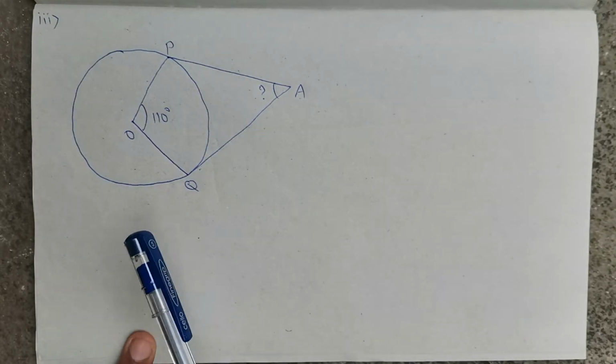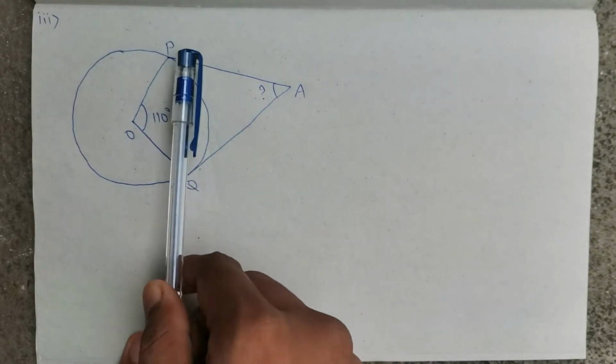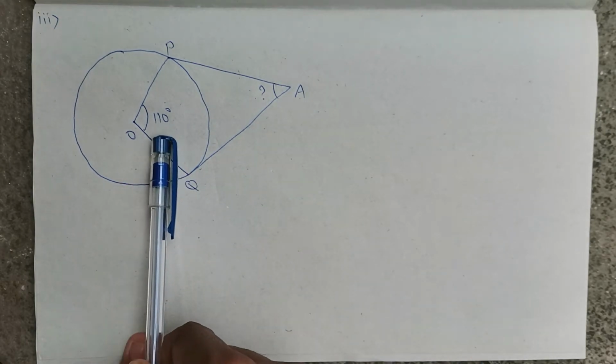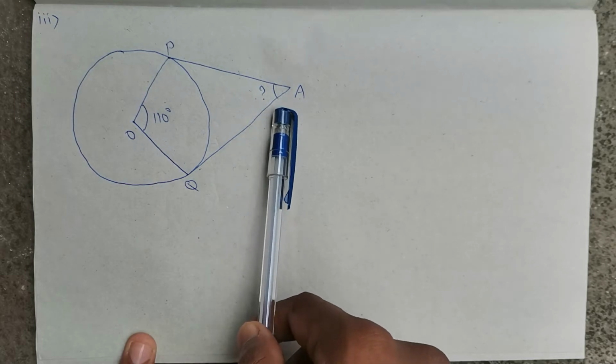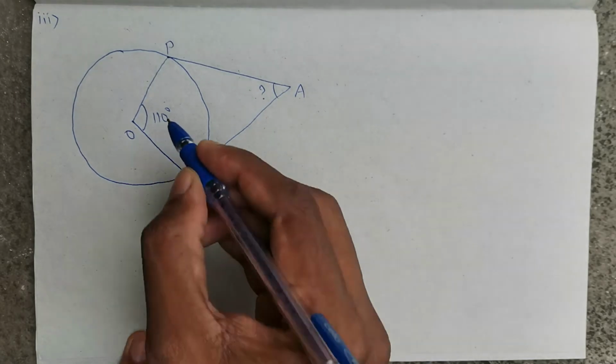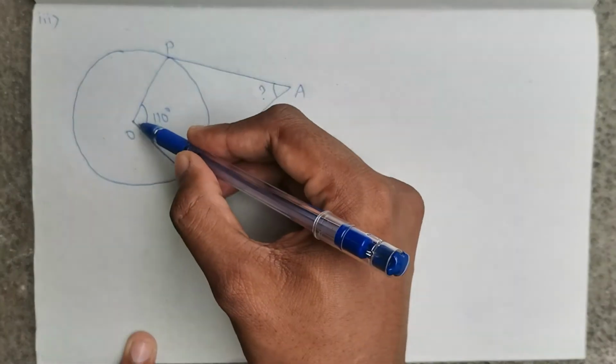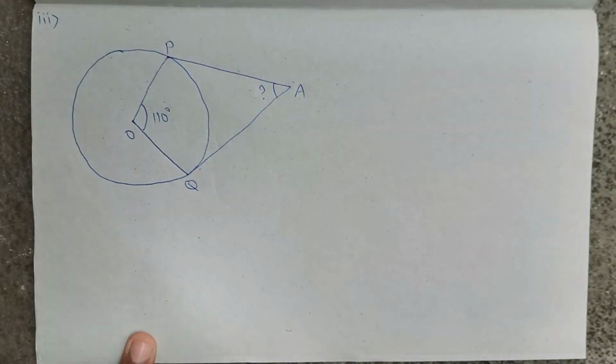And in question number 3, he gave one circle, and AP is one tangent and AQ is another tangent. Angle O is given as 110 degrees and he is asking for angle A. The first thing we know very well, OP is the radius as well as OQ is the radius. OP is the radius and AP is the tangent.